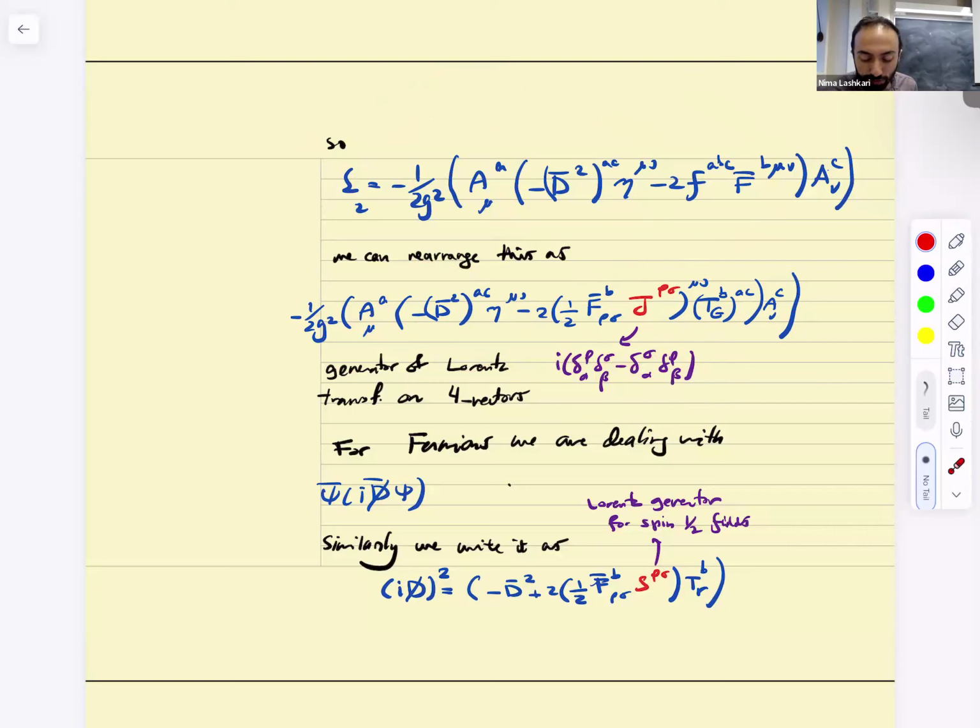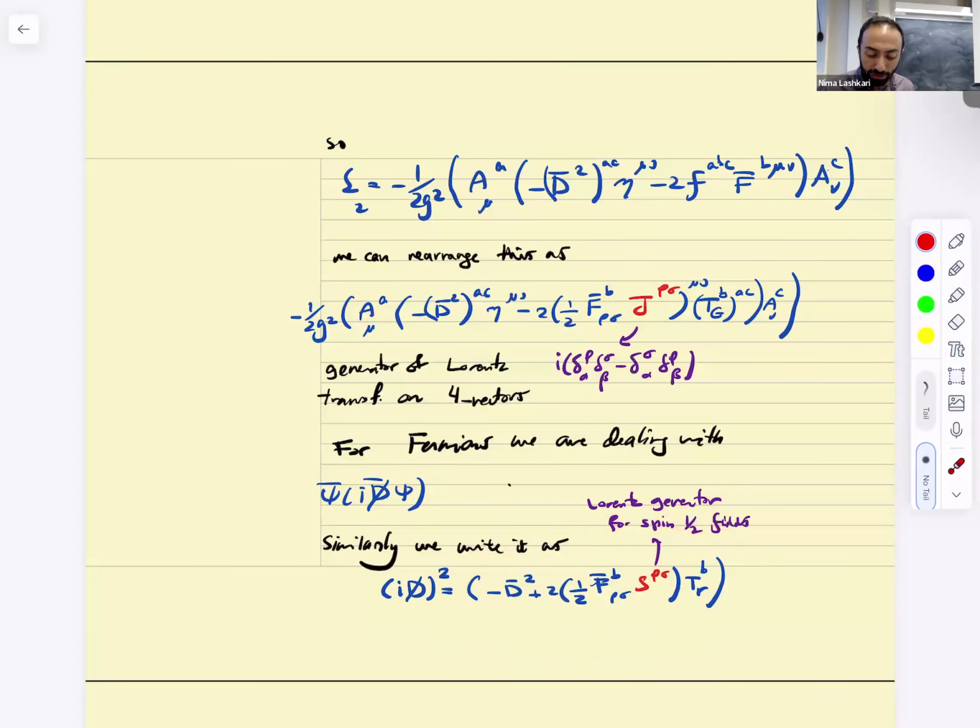This T^G of BAC is just the representation matrices in the adjoint, which means f^ABC, right? You could do the same thing for psi bar psi, right? And you rewrite everything in this form.